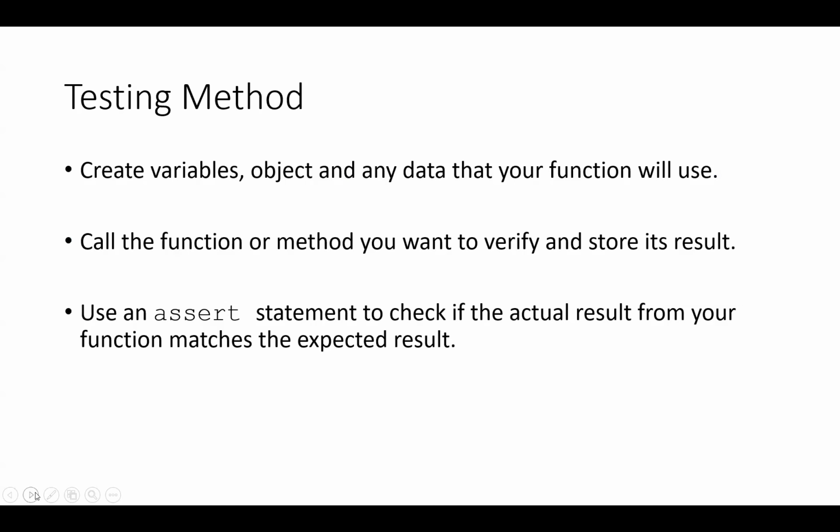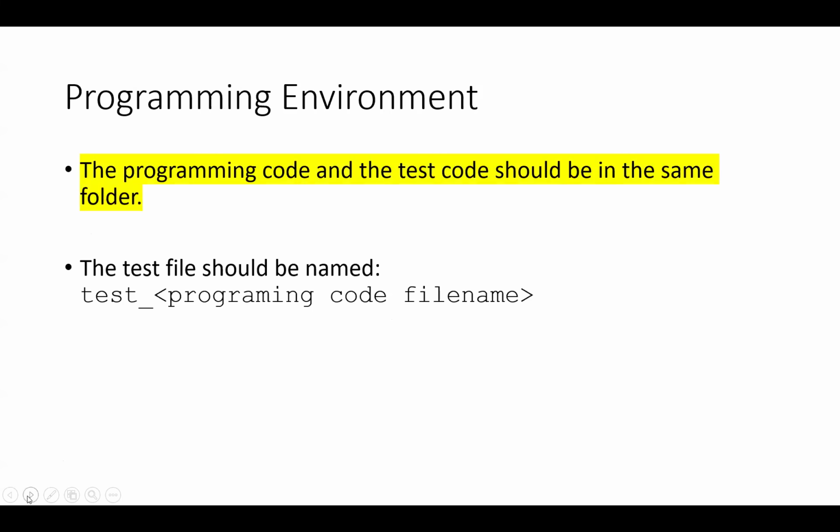Okay, so very similar again to unit tests. The testing method is, you have to create variables, objects and functions, and then you call the function and you use assert statements as well. And again, the PyTest programming code should be in the same folder as the programming code you are testing.